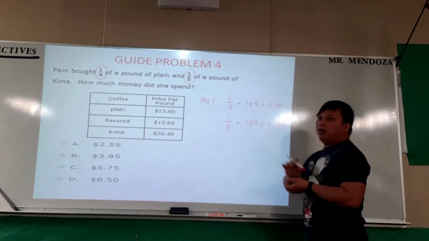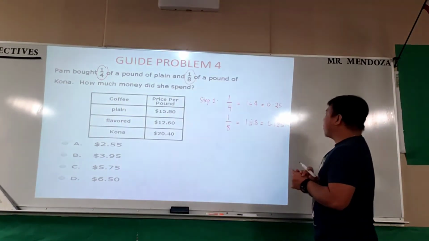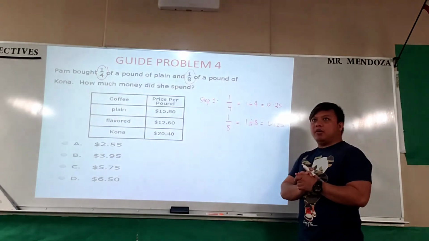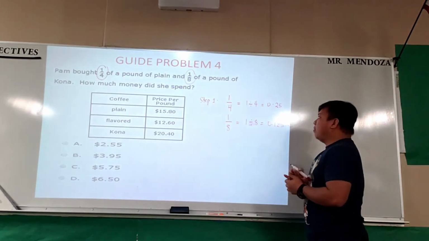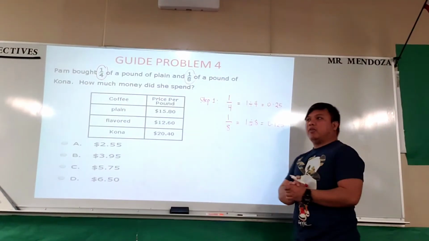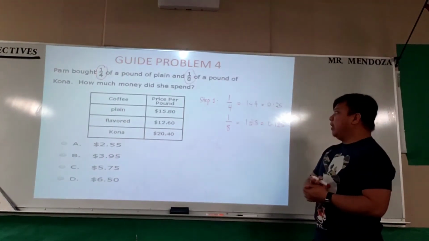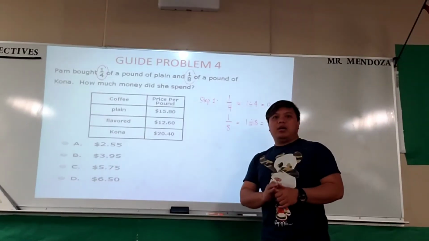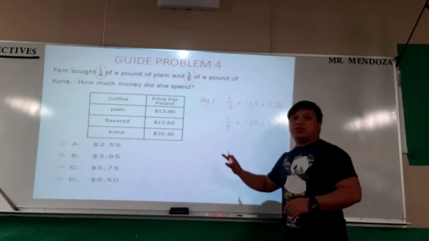So what's the half of 0.25? Divide 25 by 2, that's going to be 12.5, or making sense, it's going to be 0.125. So we got the expression of these fractions in decimals.